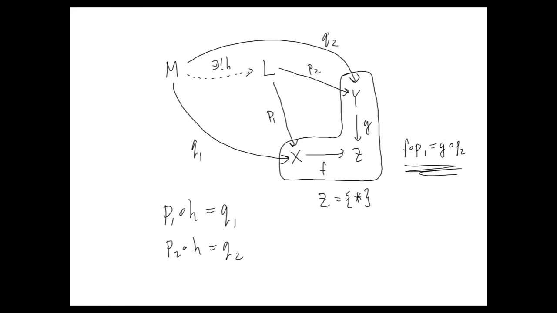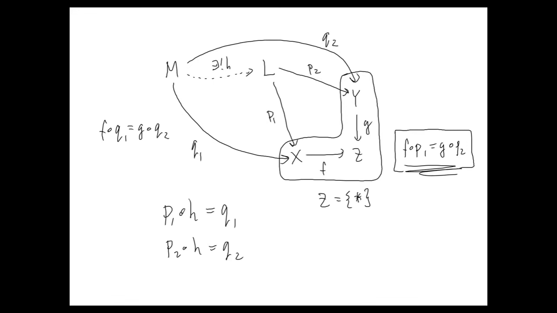When Z is a singleton, do you agree with me that this condition will always hold? No matter what P1 and P2 we put there, those will be equal. Do we agree on that? Yes. Sorry, maybe on the side, I want to write a similar equality for the other cone as well.